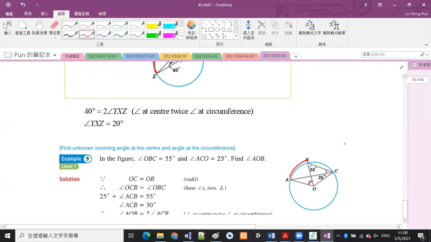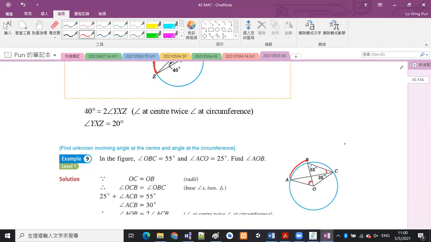All the radius are equal in length. In this case, if OB and OC are radius, right? And then triangle OBC will be an isosceles triangle, which means that the base angles should be equal to each other. Okay? Angle OCB and angle OBC should be equal to 55 degrees.